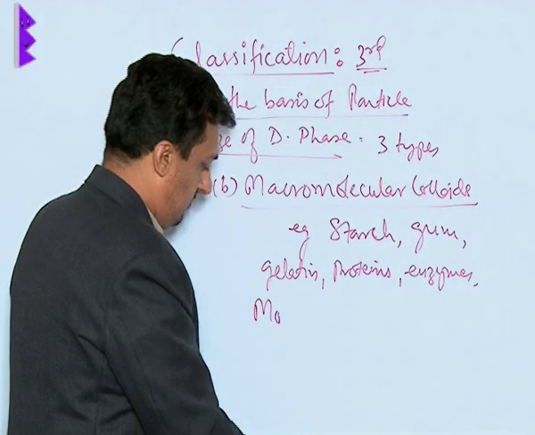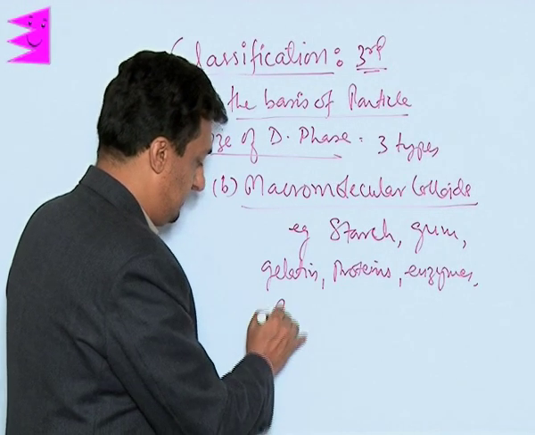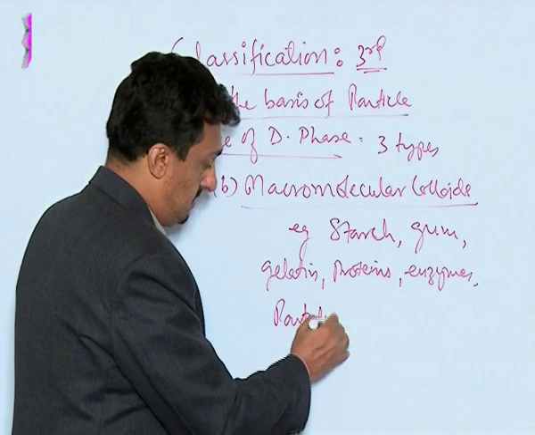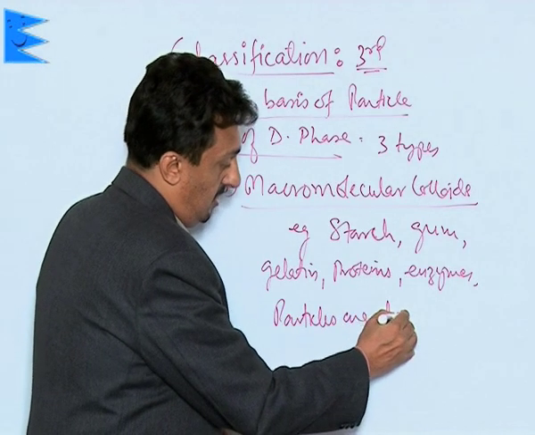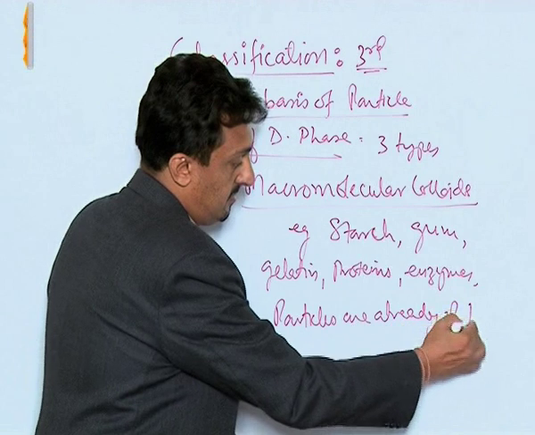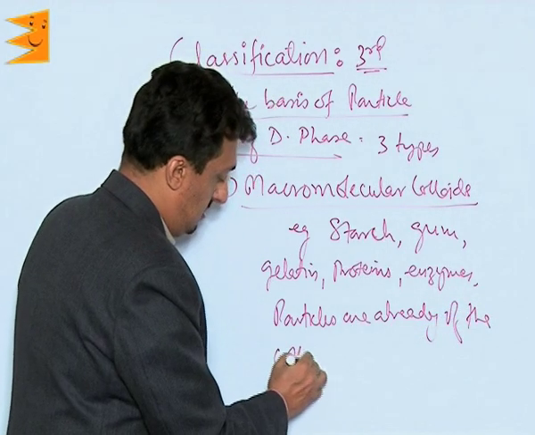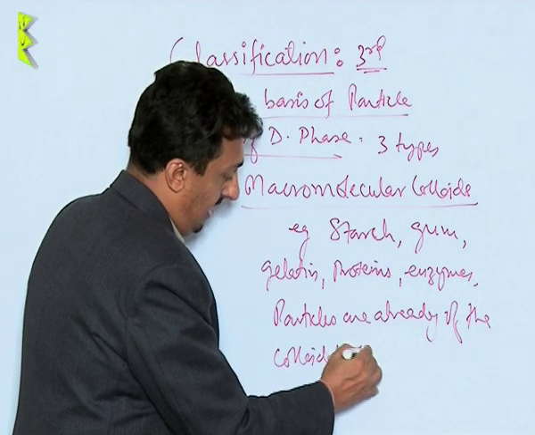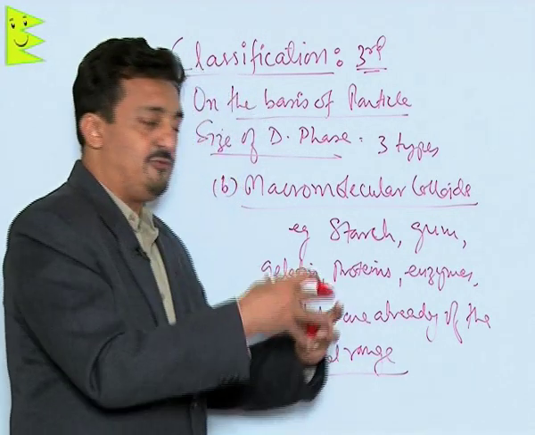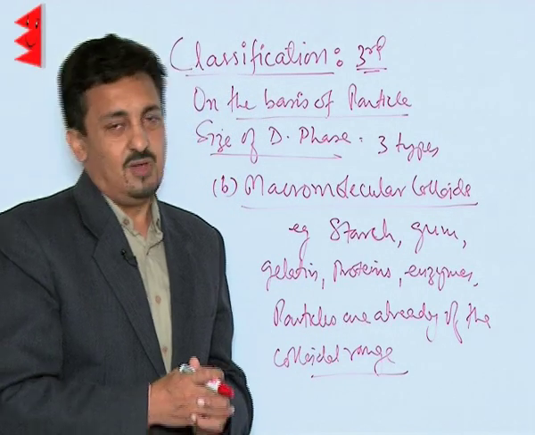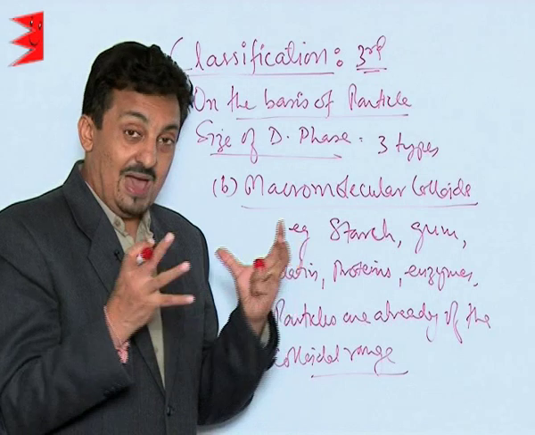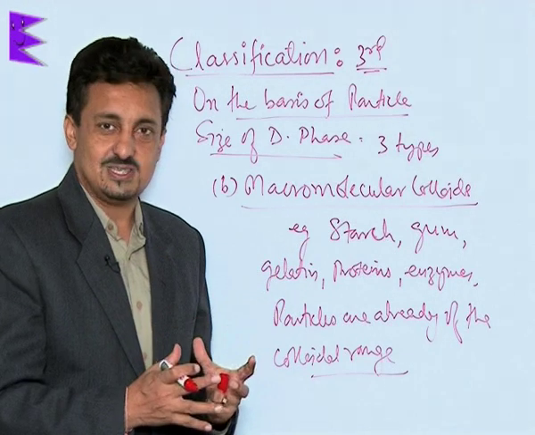So the particles are already of the colloidal range. So they directly form the colloid, and that is why they are called macromolecular, because they are already of a very large size.